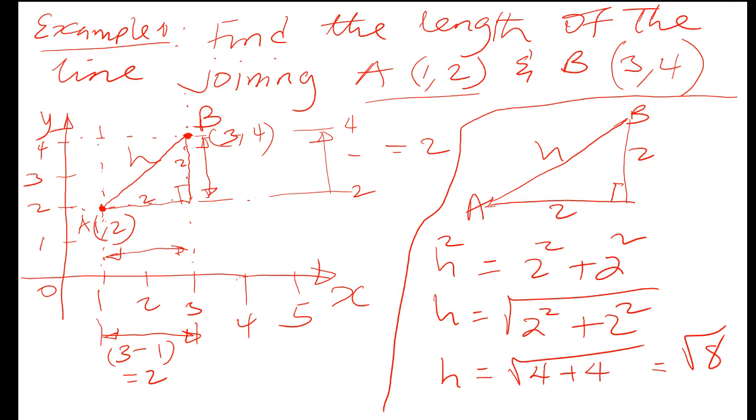As simple as that. Please put that in mind. Understand how we have found AB. Okay, remember H is equal to AB is equal to root 8. Then you punch that into your calculator, you find the value of that AB.